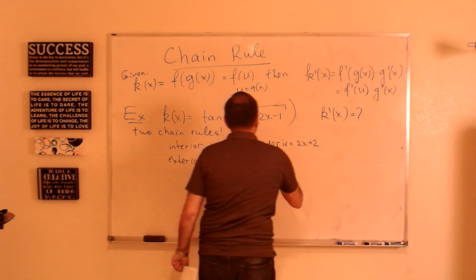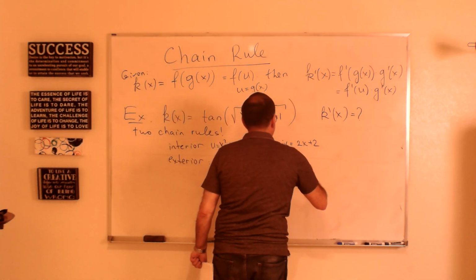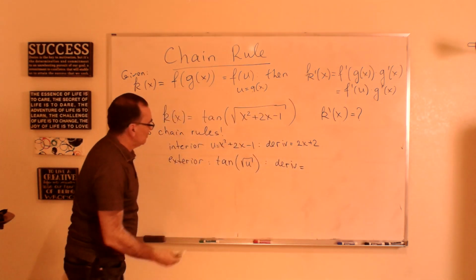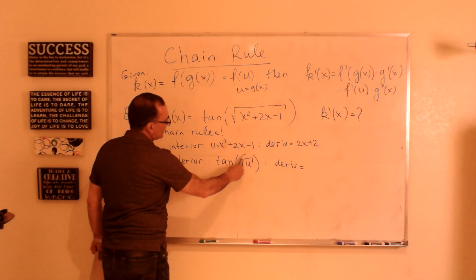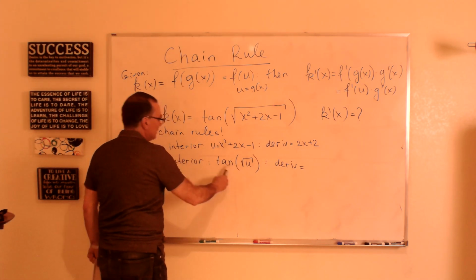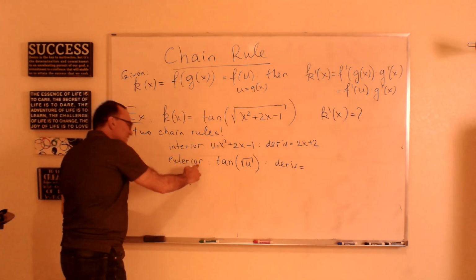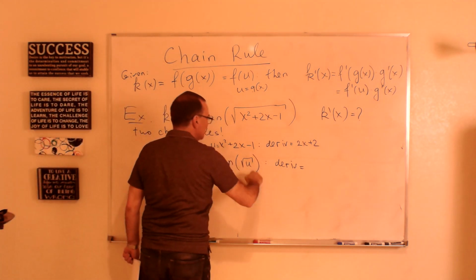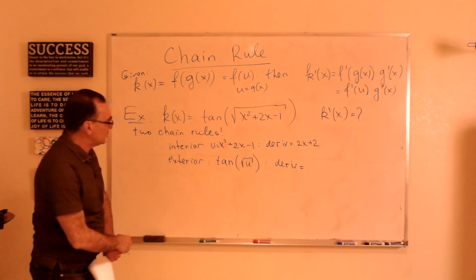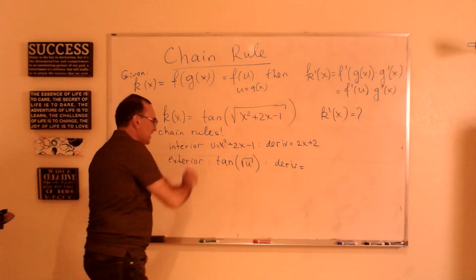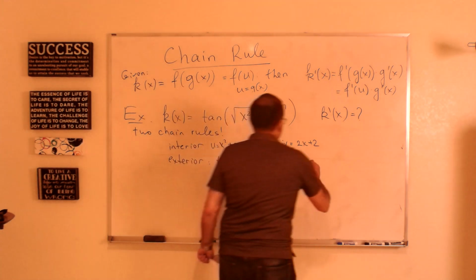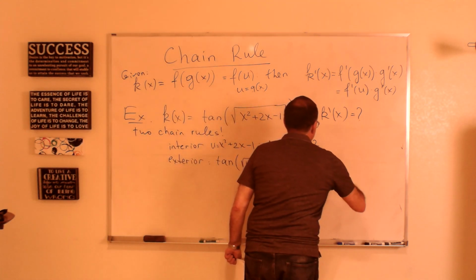And now to calculate the derivative of this, we notice that again there is something inside, which is square root of u, and then something on the outside, which is tangent. Which means to calculate the derivative of the exterior, we again need to apply another chain rule. It's like a chain rule inside another chain rule. So I'll put by chain rule again.